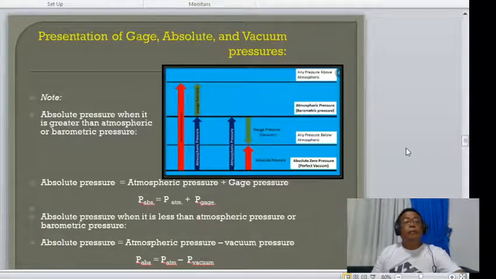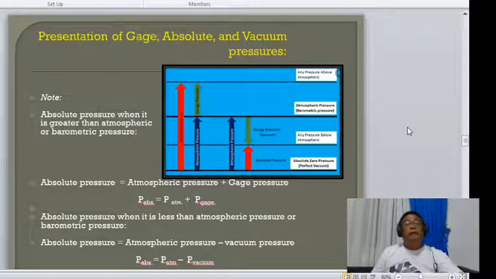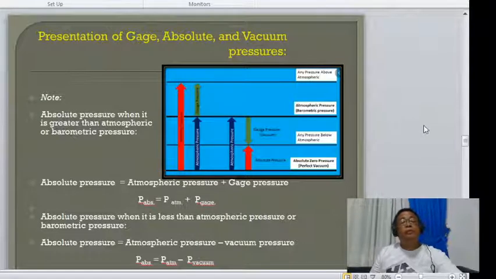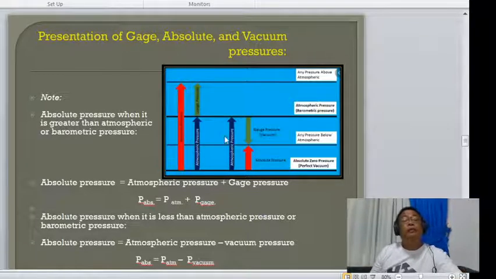Okay, next we have the presentation of gauge pressure, absolute and vacuum pressure. We will notice that at this level, the pressure is atmospheric.